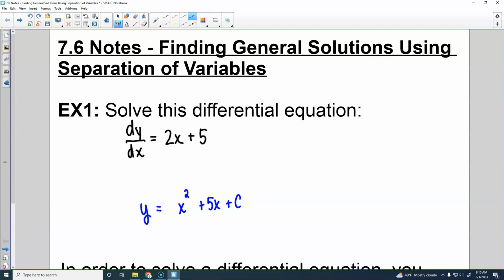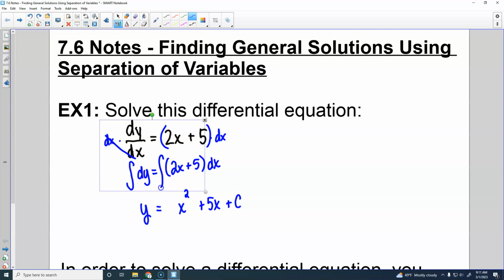So you just integrated. What you probably would not write for that is that you had to multiply both sides by the dx to get rid of the dx on that side, which gives you dy equals 2x plus 5 dx. And then you integrated both sides.